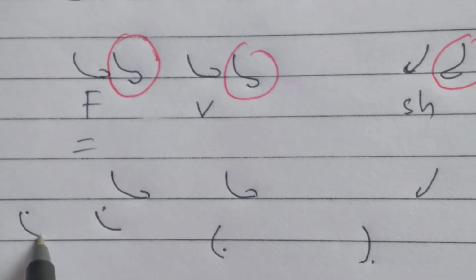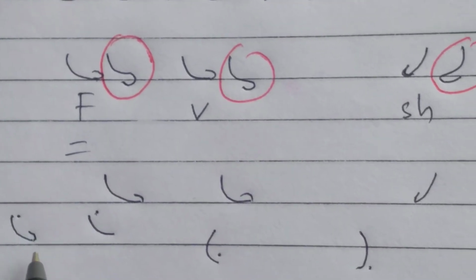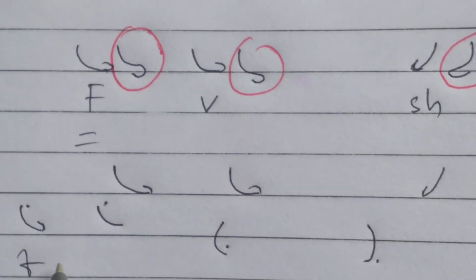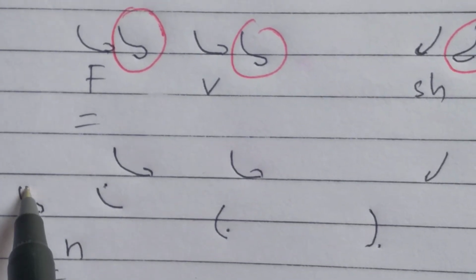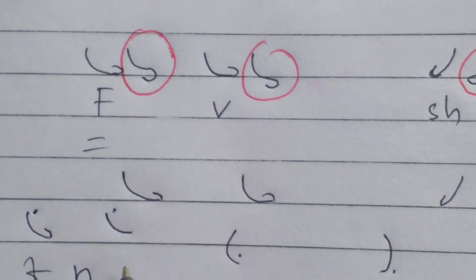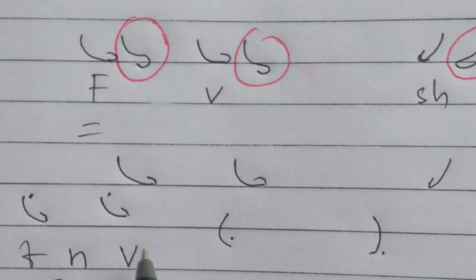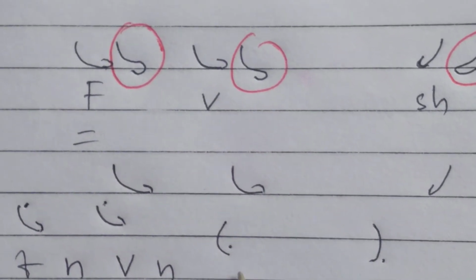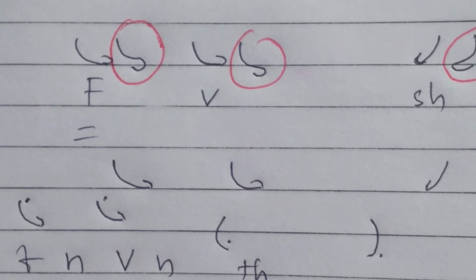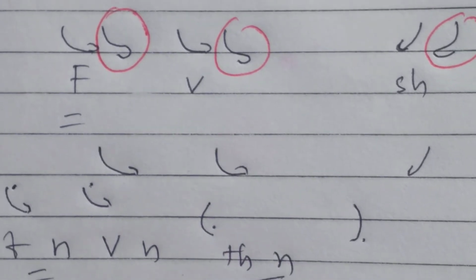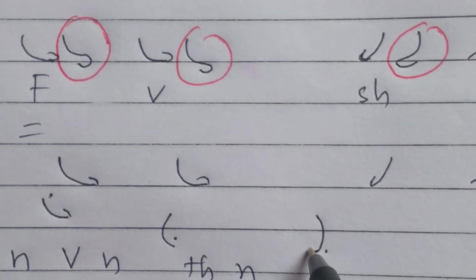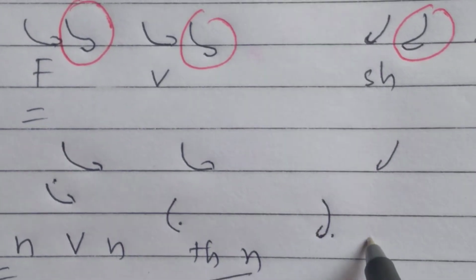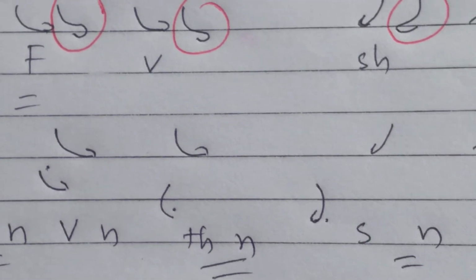F plus A, if we add a small hook and N indication, this is called fan. Why? Because it is first place, no? Fan. V plus N, van. Th plus E plus N, thin. S plus E, see, with small hook, S plus N, seen, like this.